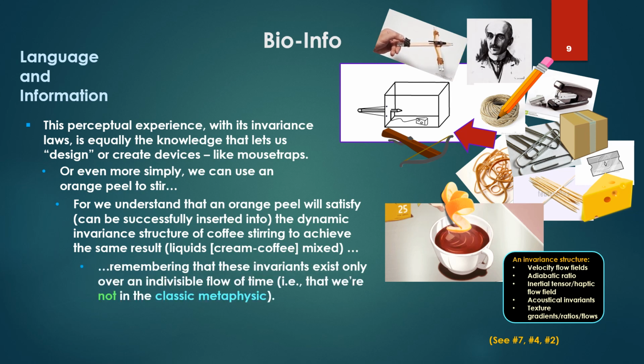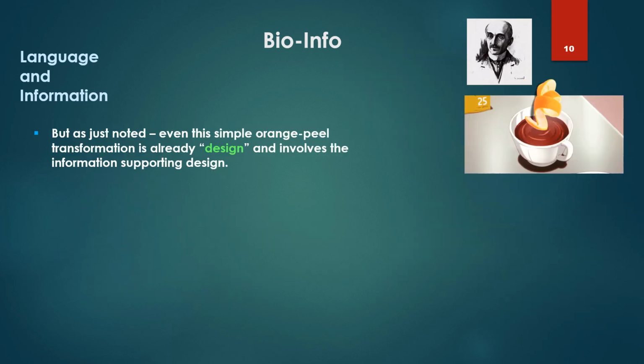Remembering that these invariants exist only over an indivisible flow of time, that is, we're not in the classic metaphysics of space and time. But as just noted, even this simple orange peel transformation is already designed and involves the information supporting design.